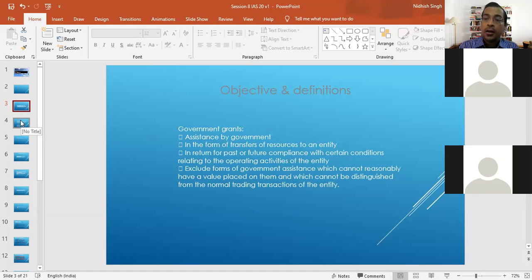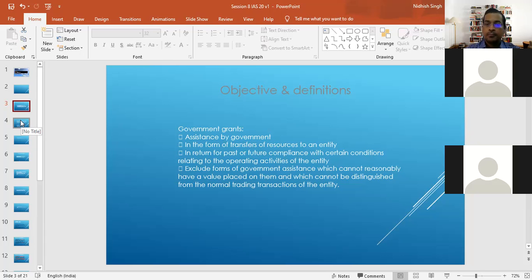If you are going to get the same or similar support in the market, how much will be the value? And that's why quite often, whenever there is a very specific benefit government is giving, you can always quantify it and accordingly reflect it in the primary statements.